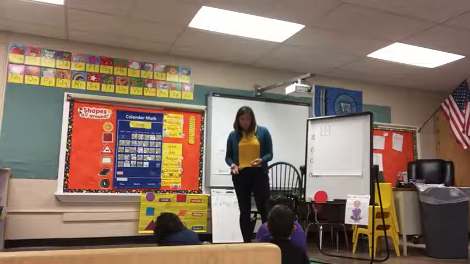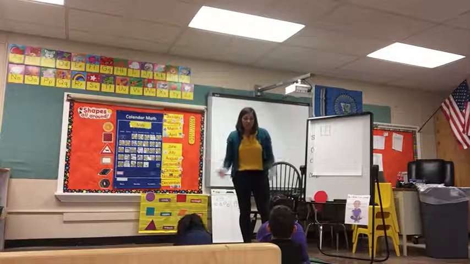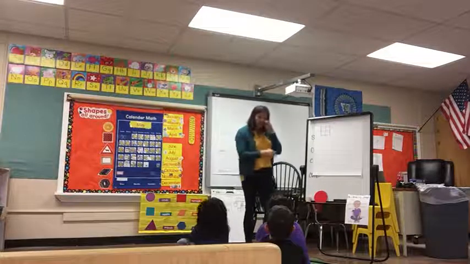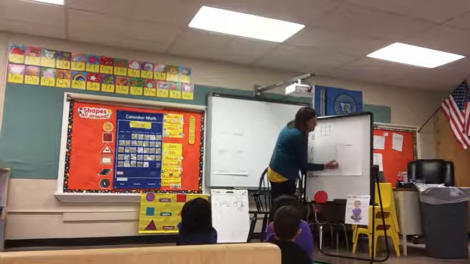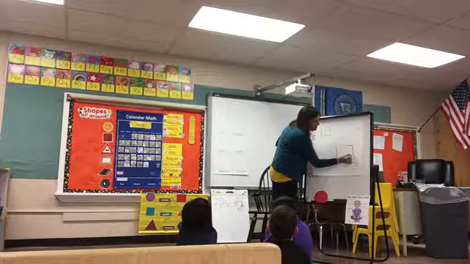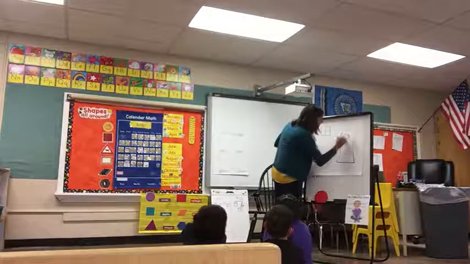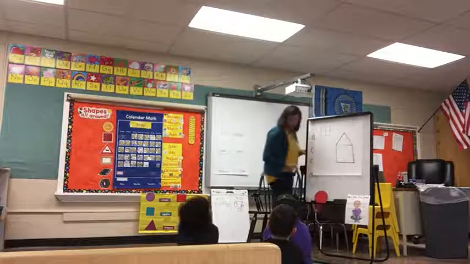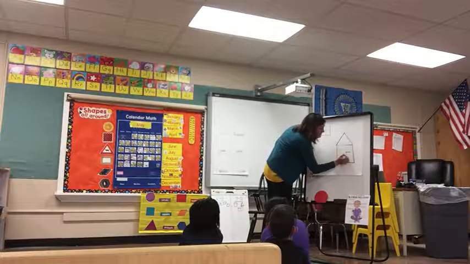But sometimes we see objects that are composed of many shapes, like this house. This house has a square faced front. It has a triangular faced roof. It has a square window.